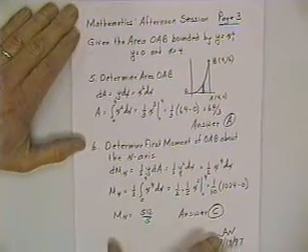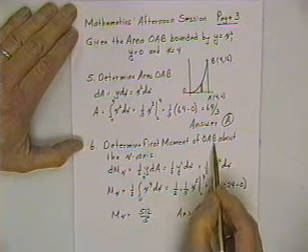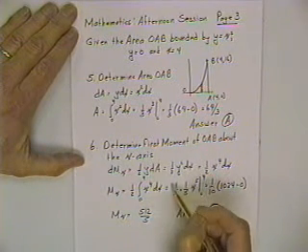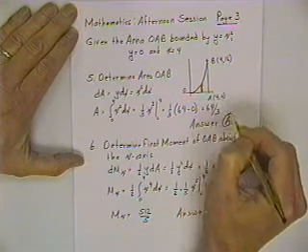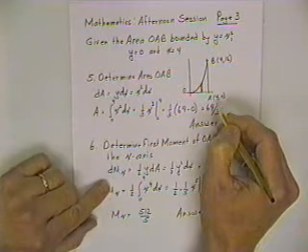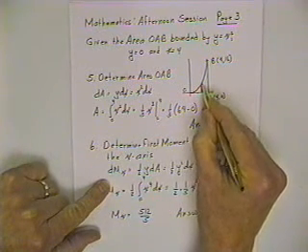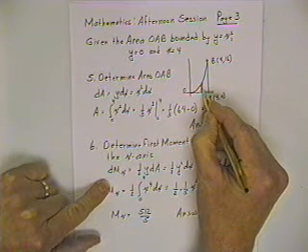Now we're asked next to determine the first moment of that area about the x-axis. Now, that requires just a little bit of manipulation here. The differential moment about the x-axis, we take the differential area times the distance up to its centroidal axis.